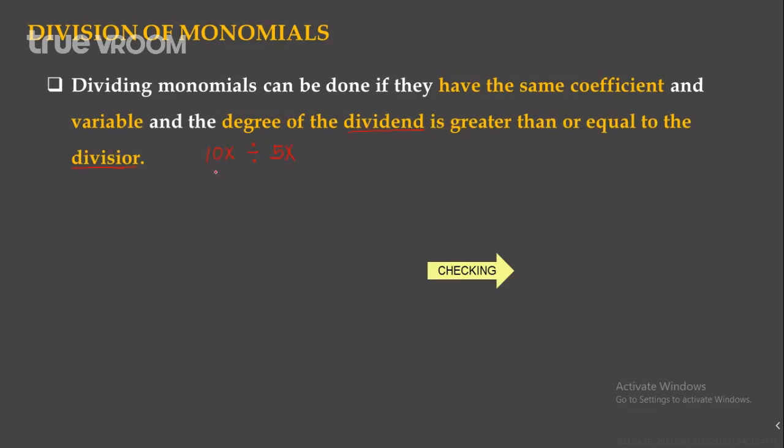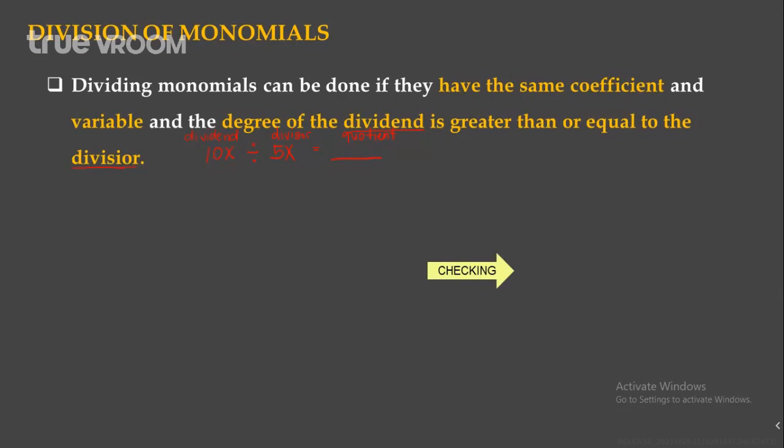So the number that you are going to divide is what you call the dividend. And the number that you are going to use to divide the dividend is what you call the divisor.